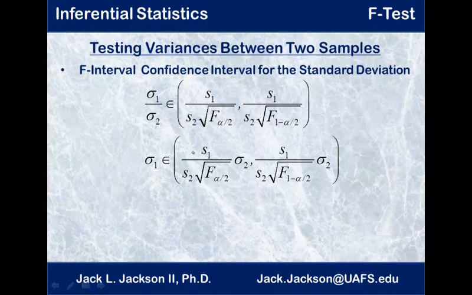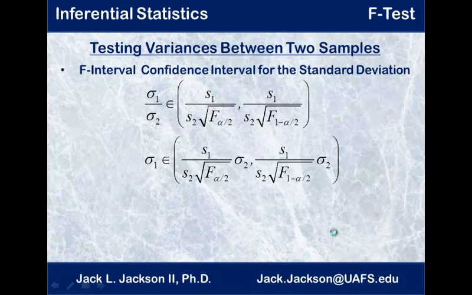Notice that this is a little different than the intervals for means or proportions, where we have our target number plus or minus a certain amount. This one is basically our target number multiplied by some things.